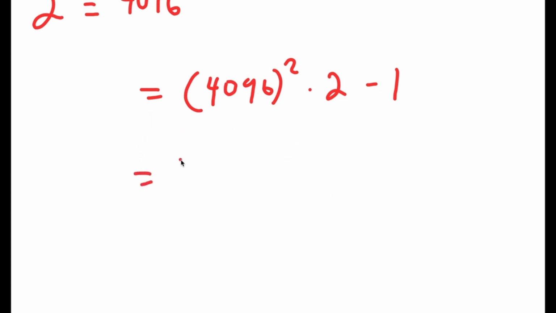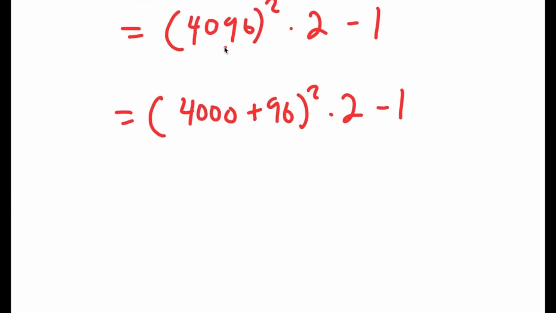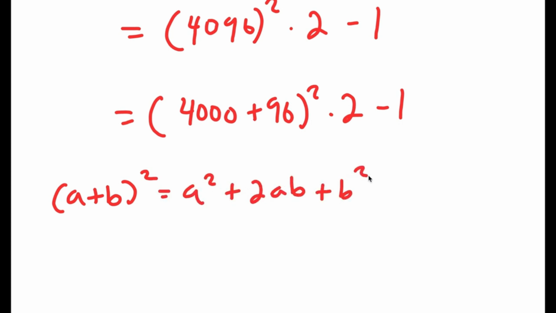And now this is equal to, I'm going to simplify this, 4,000 plus 96 squared times 2 minus 1. The reason I'm doing this is because 4096 squared is really hard to calculate by itself. So if we change it to 4000 plus 96 squared, I can use the property a plus b squared is equal to a squared plus 2ab plus b squared.